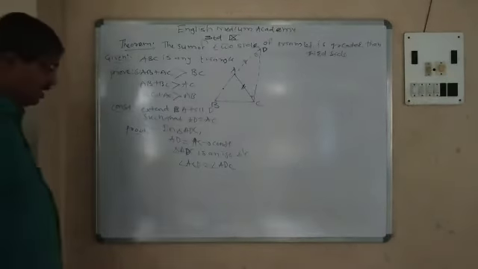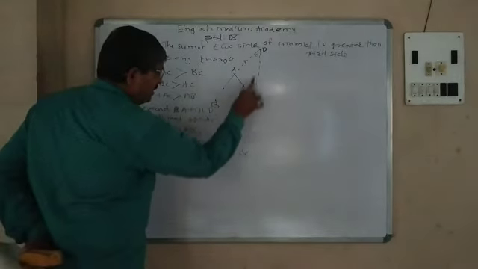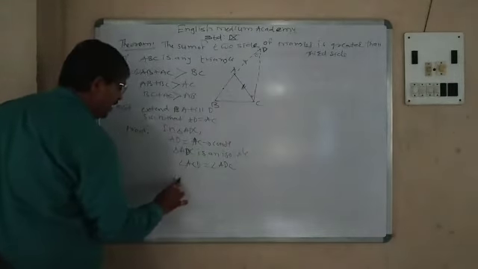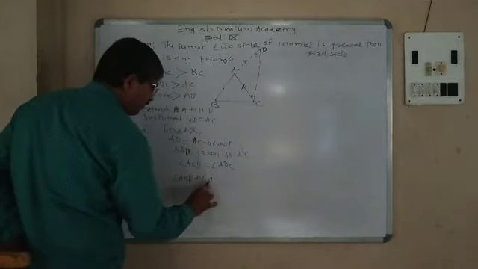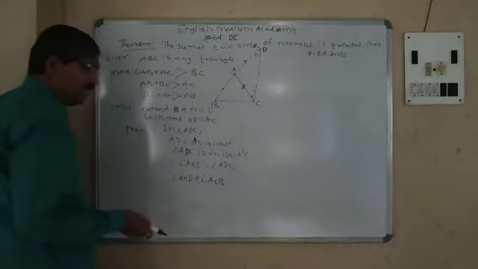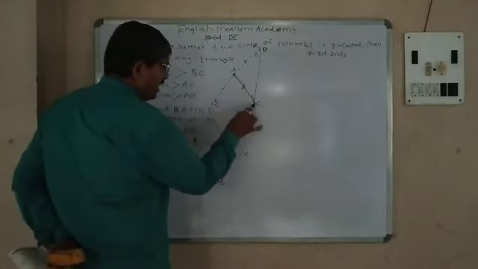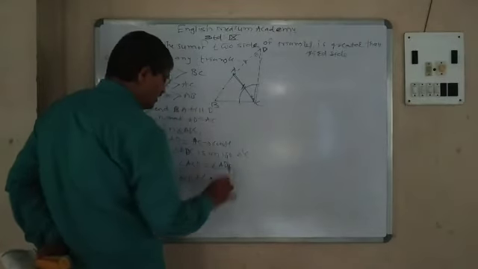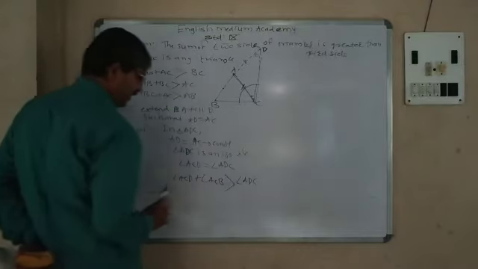Okay, is it clear? Now, adding angle ACB to angle ACD, what will happen? If ACB is added, angle ACD becomes greater than angle ADC.